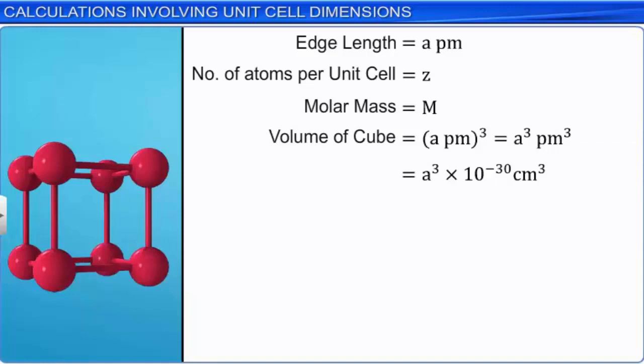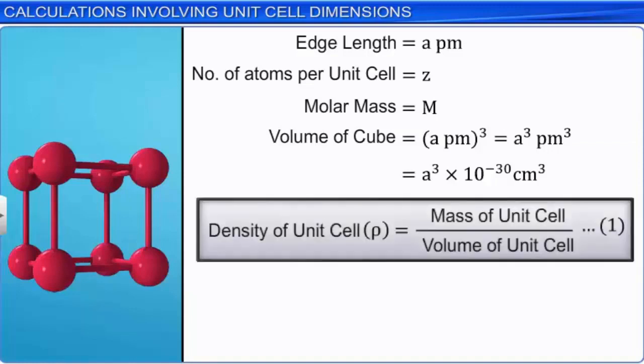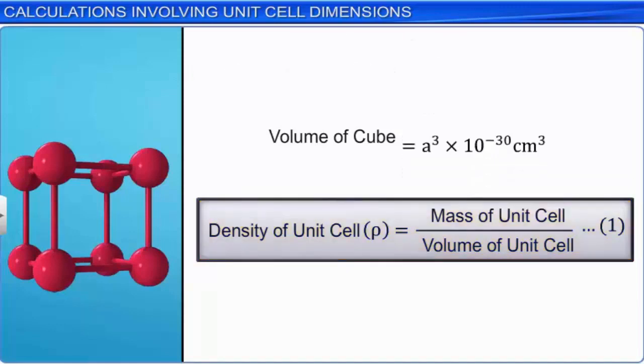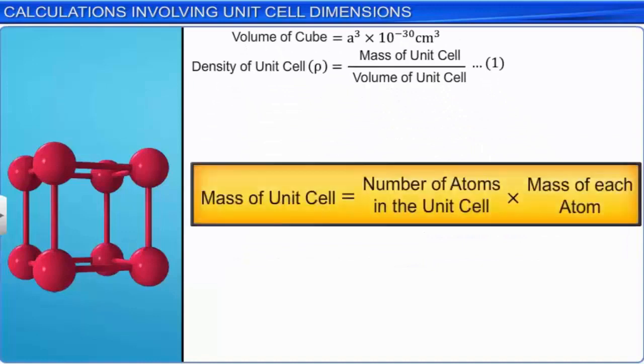You already know that density of a unit cell, ρ, is equal to mass of the unit cell divided by volume of the unit cell. Let this be equation 1. Mass of a unit cell is equal to number of atoms in the unit cell into mass of each atom.